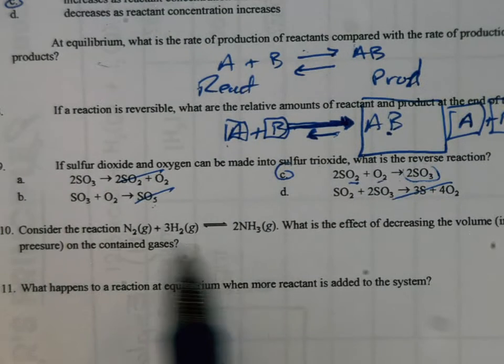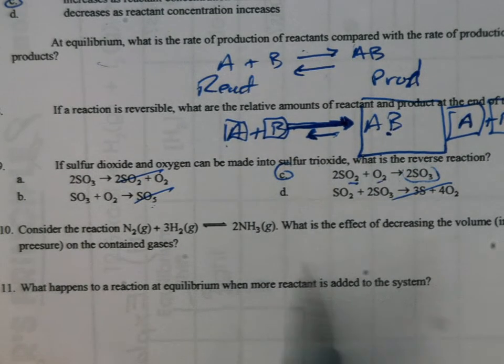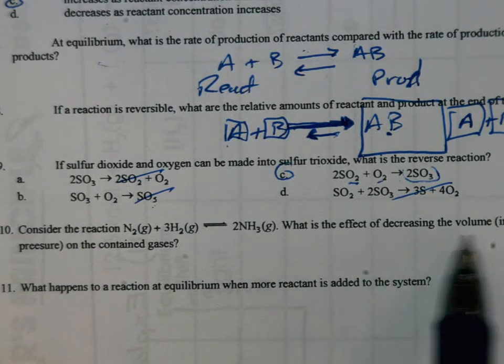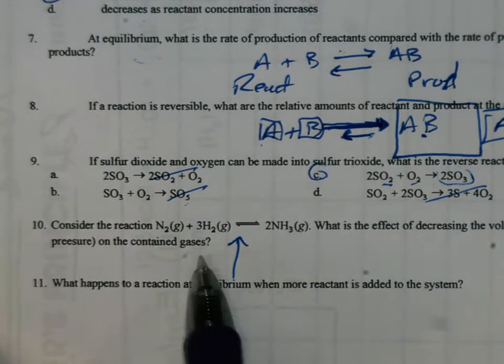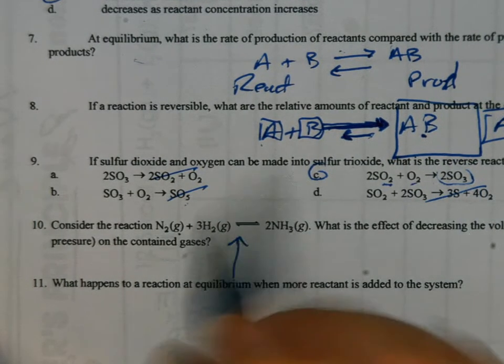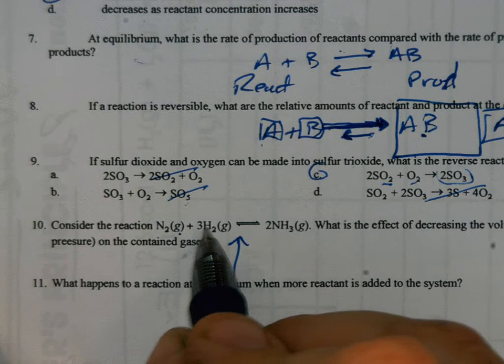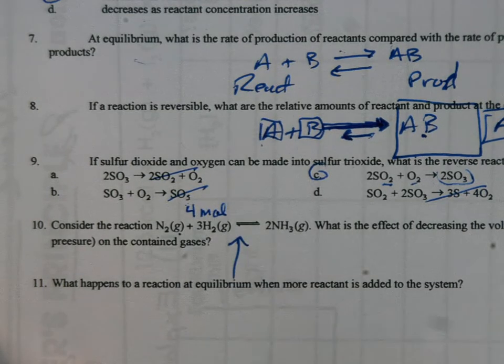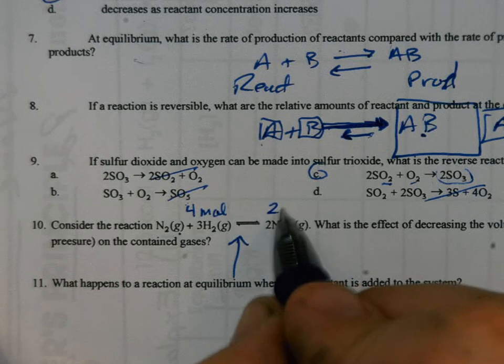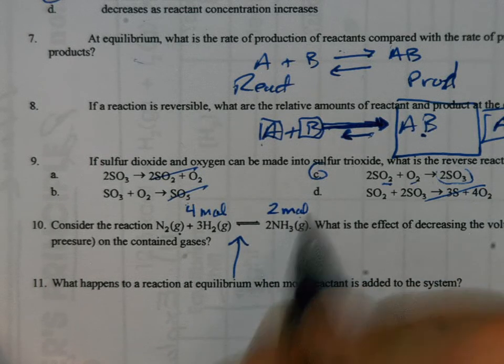We've got this equilibrium reaction that we've worked with in class. What is the effect of decreasing the volume, which means increasing pressure? We're increasing pressure, so we got to take a look. Now, these are all gases. We have 1 mole of nitrogen, 3 moles of hydrogen. We have 4 moles of gases in the reactants, and we have only 2 moles of gases over here in the products.